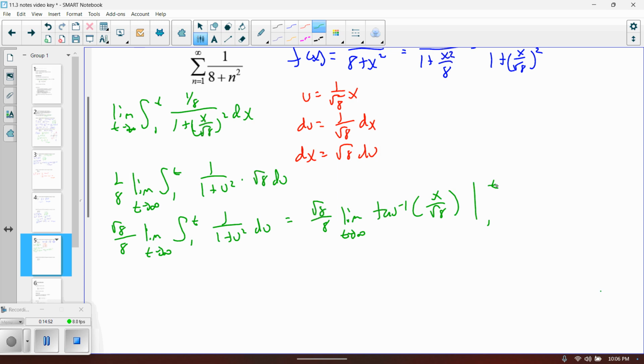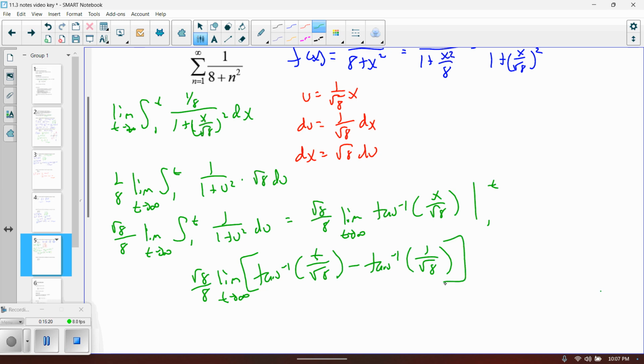So let's plug our t in, let's plug our 1 in, see what we get. So we get the square root of 8 over 8 times the limit as t goes to infinity of the inverse tangent of t over root 8 minus the inverse tangent of 1 over root 8.